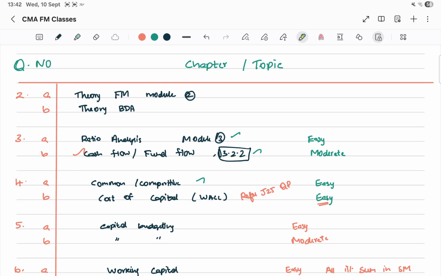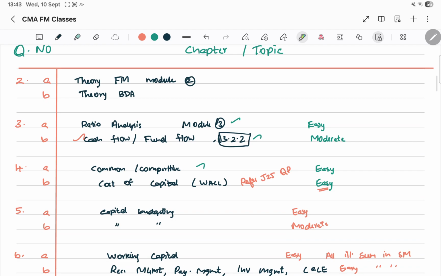If you're weak in practical, then you can use this: study the last 4 chapters of BDA, that is business data analysis, and also the second module of financial management, so that you can attend 2 sets of questions, which is out of 28 marks. Theory is for 28 marks.